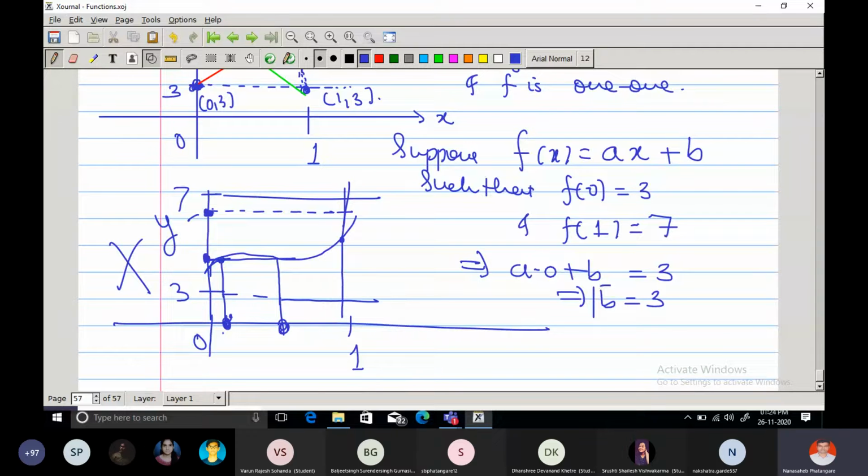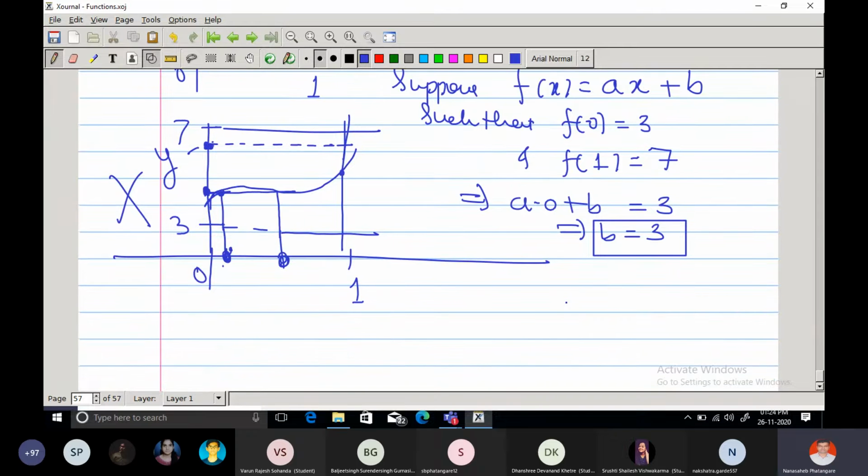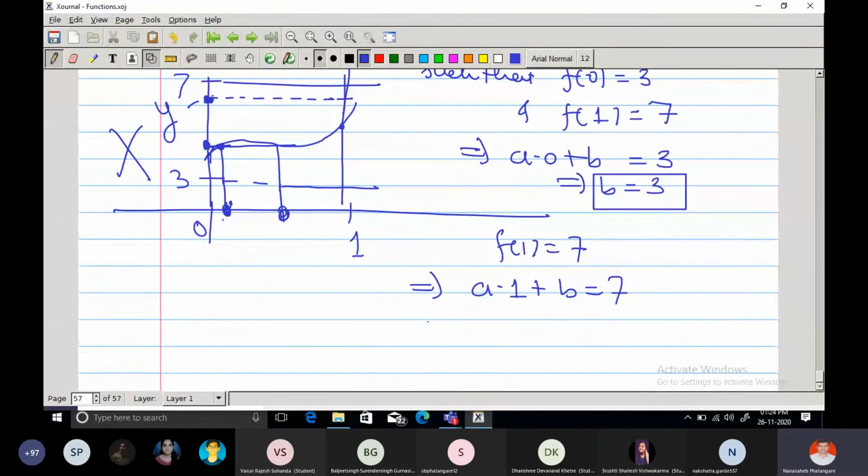Now f of 1 is equal to 7. This implies, what is f of 1? a into 1 plus b is equal to 7. That means a plus b is equal to 7. But already we found the value of b, which is 3, right?